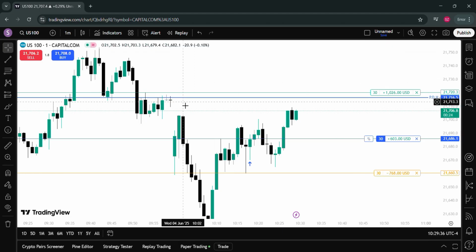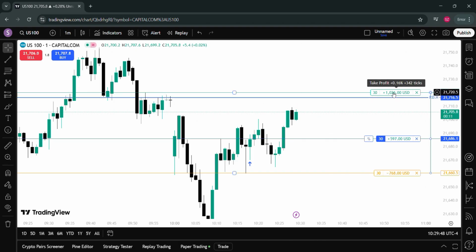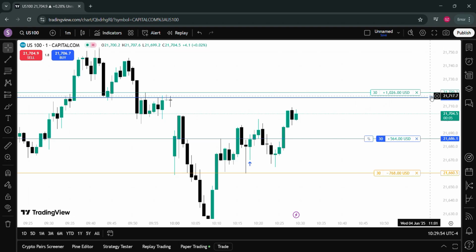We want to see this area completely filled. Just have to wait for it. There's 21.74. My TP is a little bit above that. I might take my TP a little down to previous day high. Maybe. Let's see.